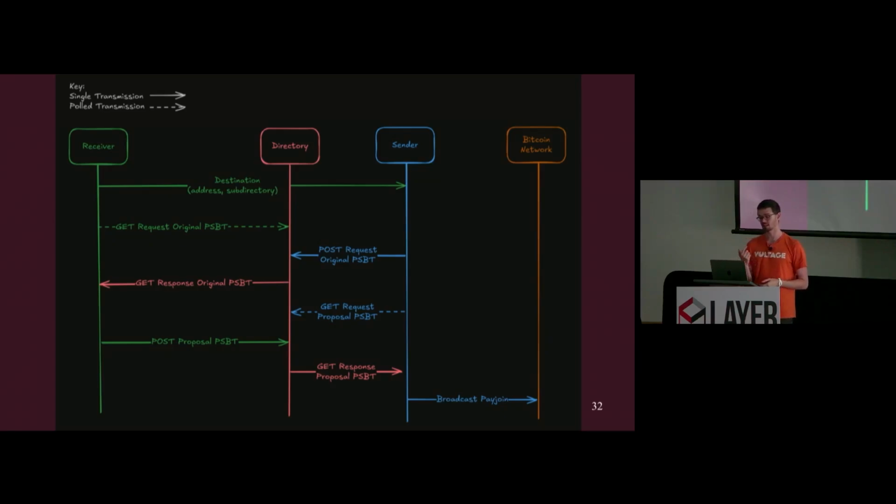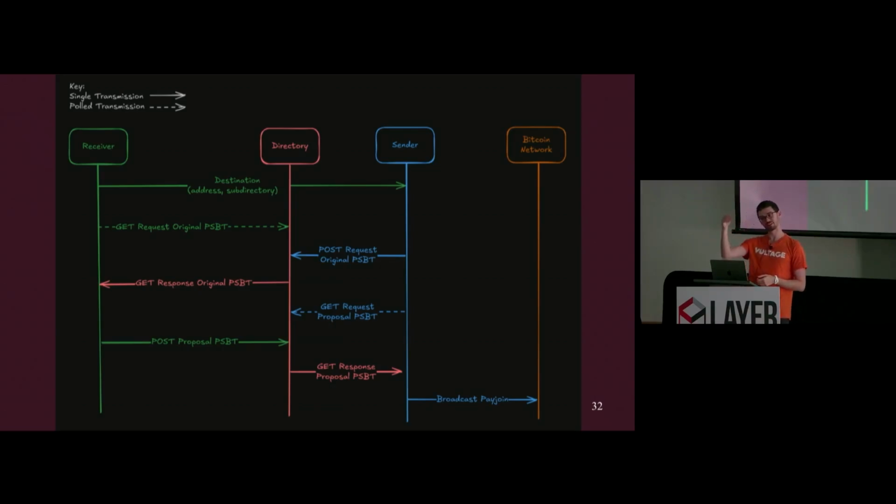The sender, once it gets the BIP 21, constructs the original PSBT, same as before, but instead of sending it to a receiver server, sends it to the Payjoin directory. When the receiver detects via polling that the PSBT is in the mailbox, it grabs it out, modifies it to include its own inputs, encrypts it, and posts it back to the directory.